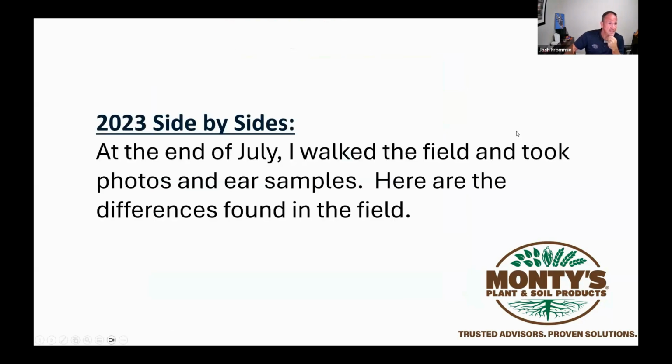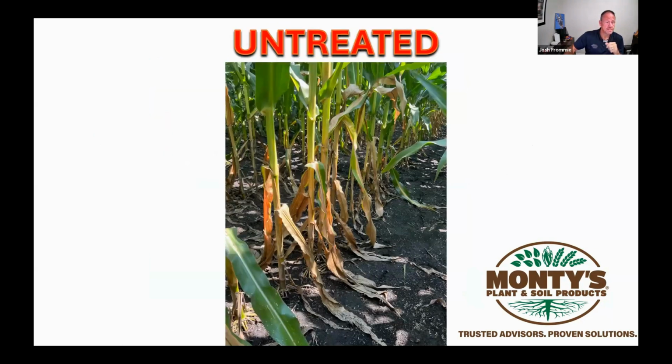So in that same side-by-side at the end of July, I walked through the field and took photos and ear samples. And here's some of the differences. This is the untreated. You can see the nitrogen deficiency, the stalk firing halfway up there, leaves falling down brown.